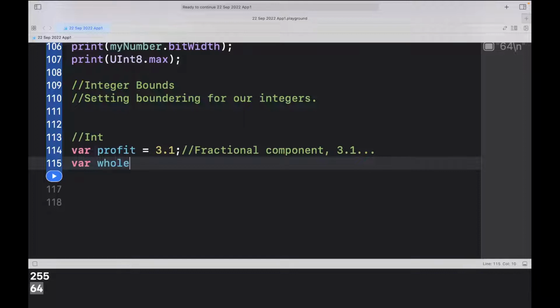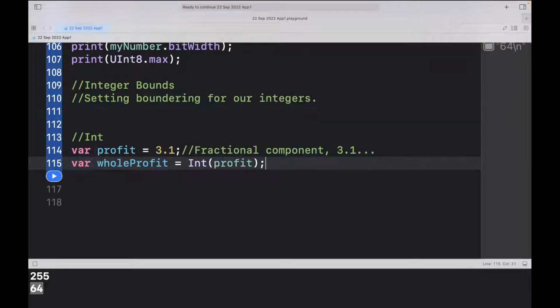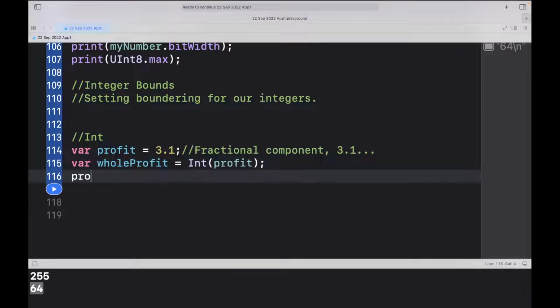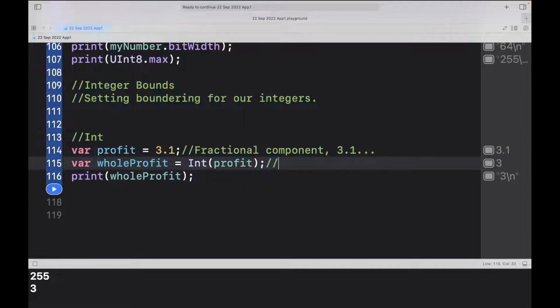Let's call it whole profit, if there's such a term. I don't know if this is going to work. All right, cool. So we can reverse them back to integers, but we're only able to do so using typecasting.